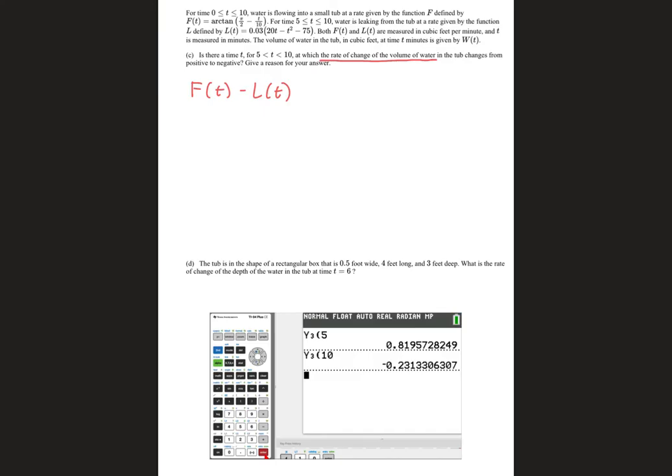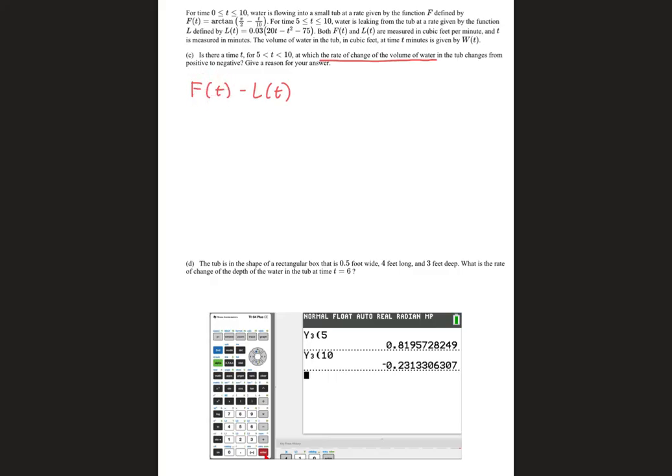Okay, so now let's use that. First off, each of these functions on their own are continuous on this interval. f of t is some kind of arctan, and arctan is always continuous.